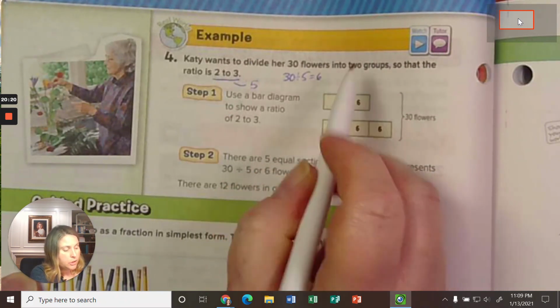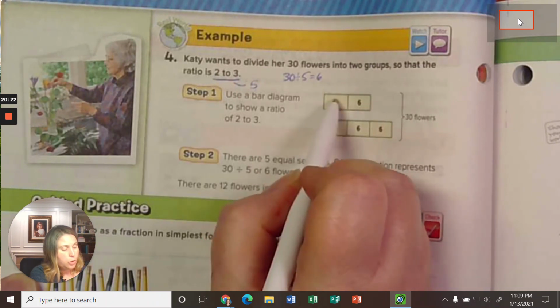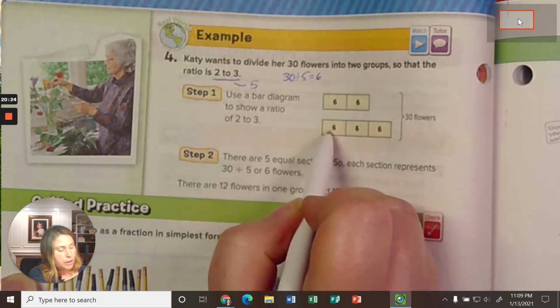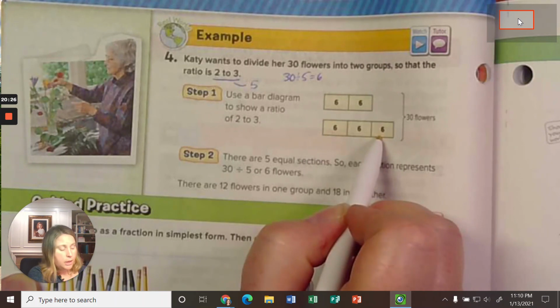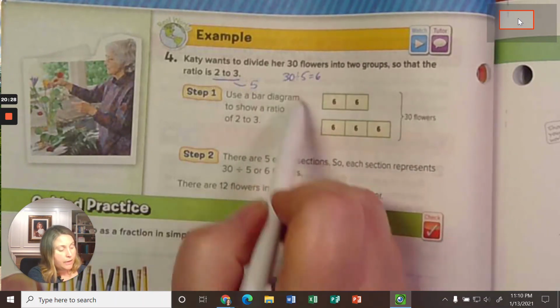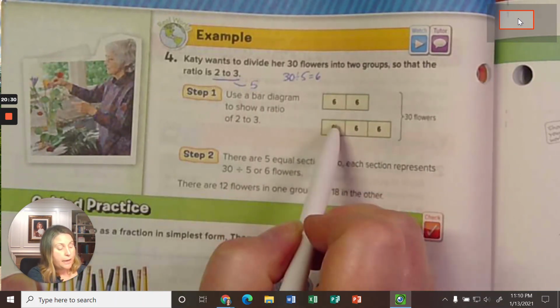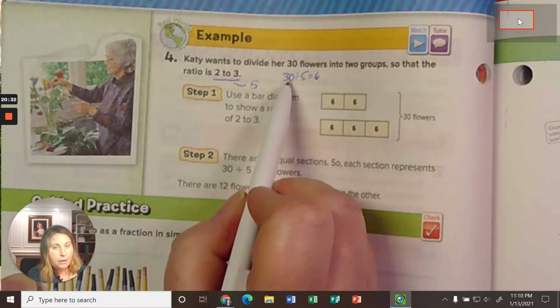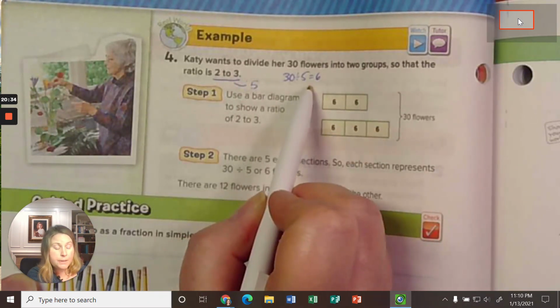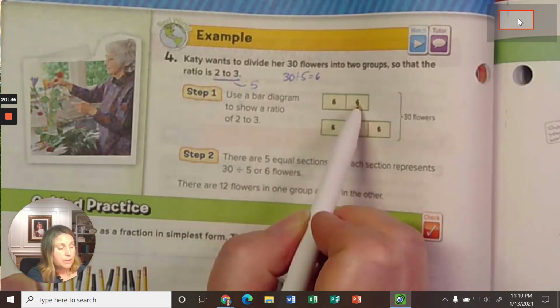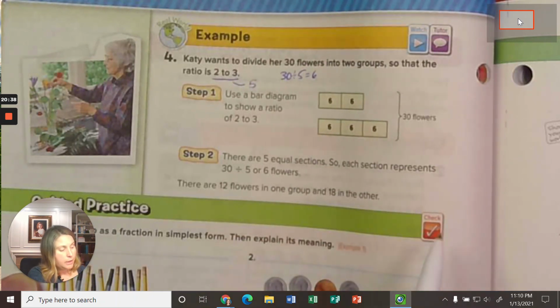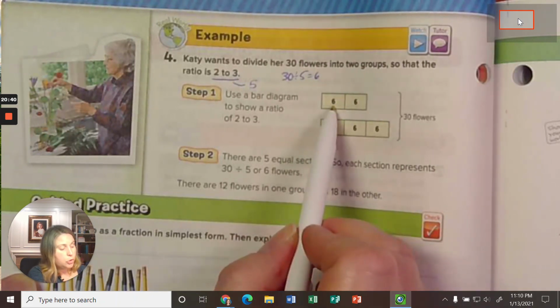Okay, so here's our group of 2, 1, 2, and here's a group of 3, 1, 2, 3. And if we have those 5 groups total, 1, 2, 3, 4, 5 groups total, 30 flowers divided by 5 groups tells us that we're going to have 6 flowers in each group. Okay, and then the way they're arranged is 2 to 3.